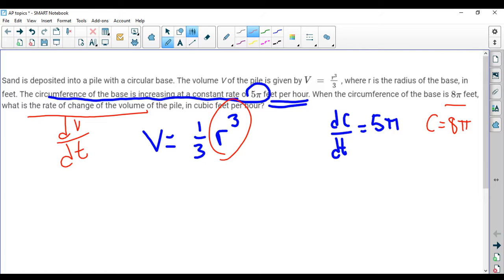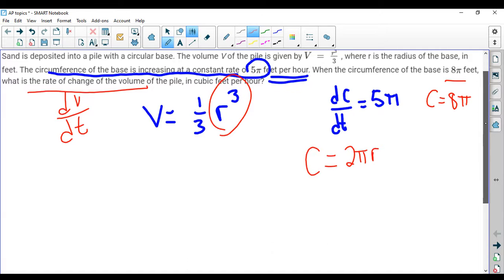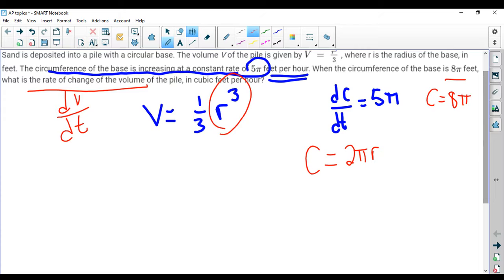So the first thing I would do is relate circumference and radius. That's an equation everybody should probably know: the circumference of a circle is 2 pi r. Since we're talking about rates, we change this into a related rates equation by taking the derivative with respect to t. Everything here is implicit because there are no t's.